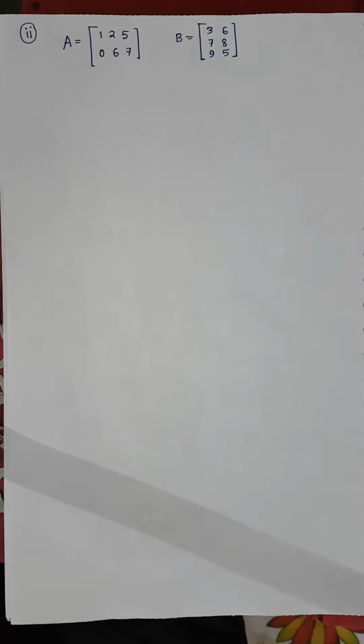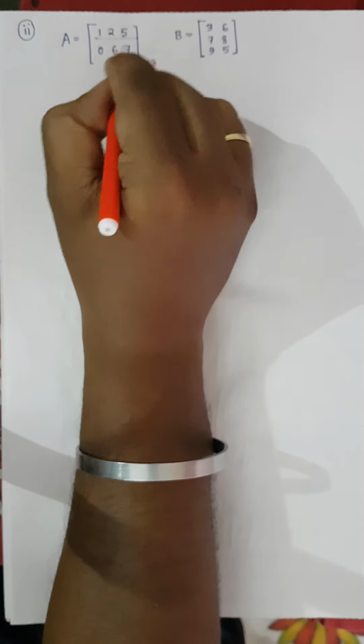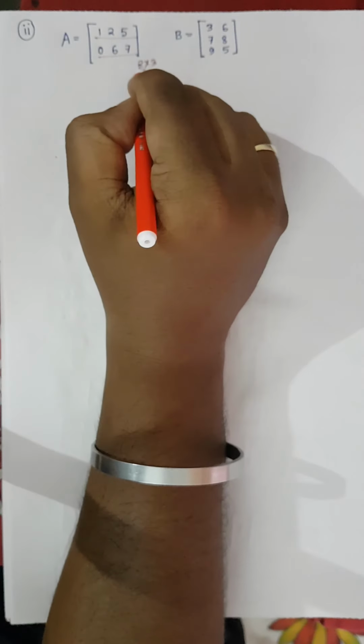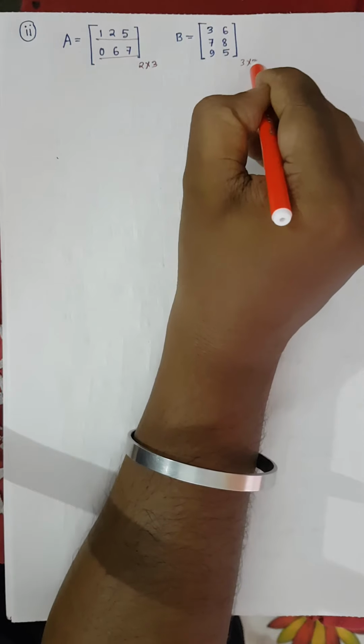This is second question. Again, find A plus B, A minus B, AB and BA, whichever exists. See here, A is a matrix of order 2 by 3. There are 2 rows and 3 columns. And B is a matrix of order 3 by 2.